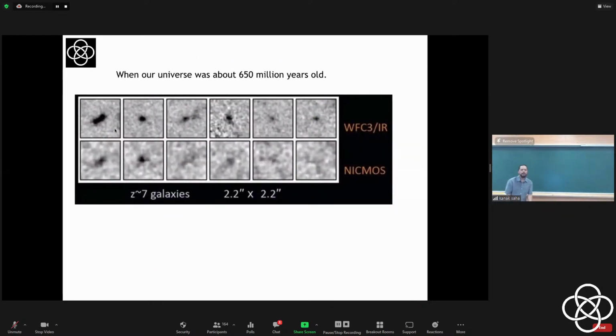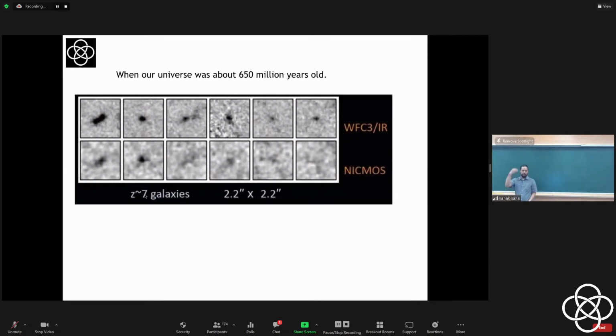Some of these images are from the Wide Field Camera 3 in the infrared band, and you see how galaxies look at redshift 7. Of course, we cannot say exactly how the galaxies look, because what you see is partly a play of instrumental limitations.